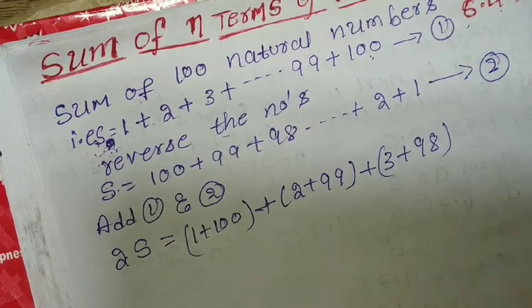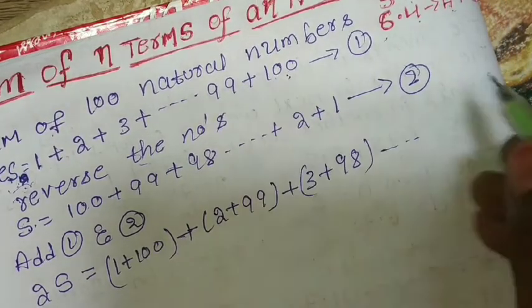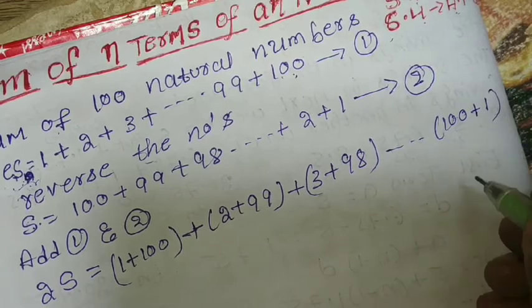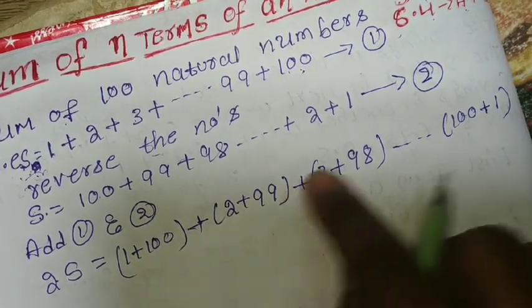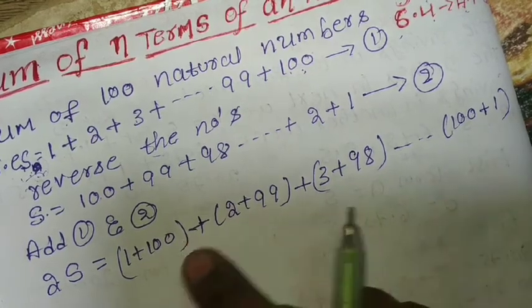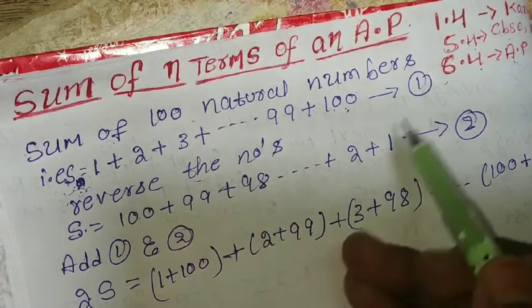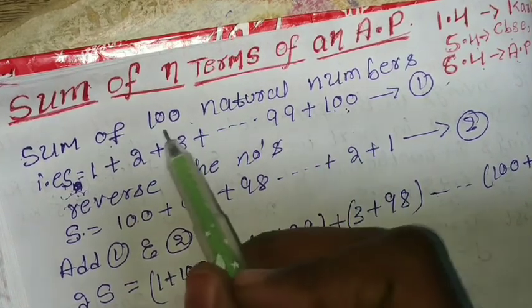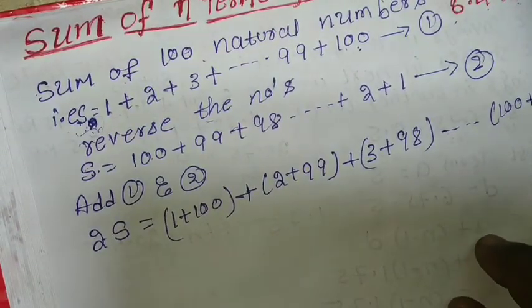You can take each in brackets, and so on up to the last, 100 plus 1. See here, how many terms do we have? We have 100 terms, because we took 100 natural numbers. So here also we have 100 terms.